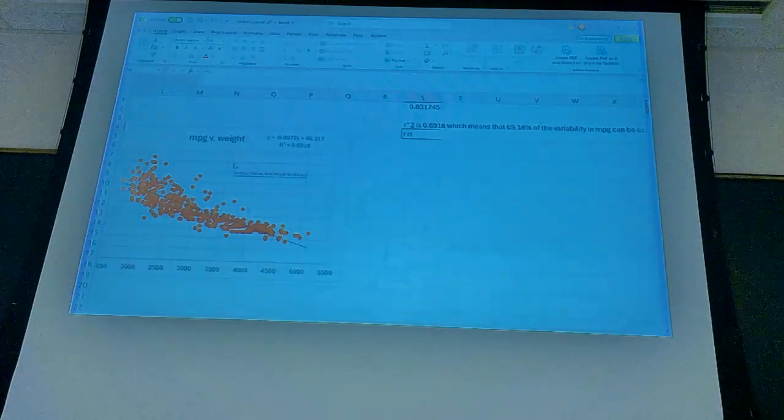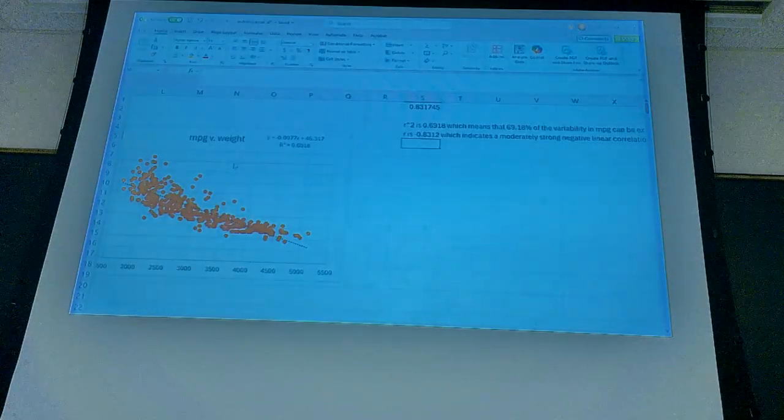What is it? Slope is positive? Slope is negative. So our R is going to be negative. Makes sense, right? You would expect a negative relationship between weight and miles per gallon. The more the car weighs, the less miles you'd expect per gallon.